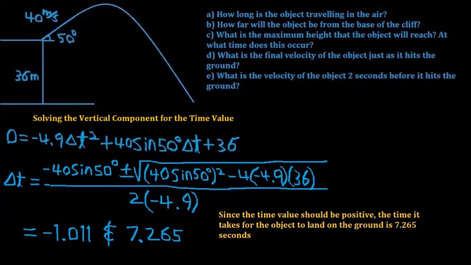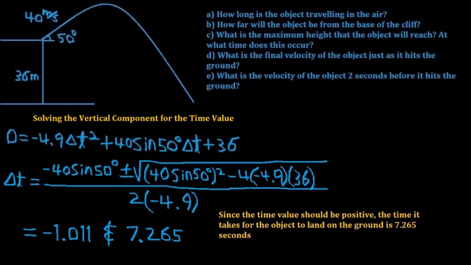When you do these quadratic equations, one of the answers is usually negative, the other positive. Obviously the time value is supposed to be positive, so we use the positive value, which came out as 7.265 seconds.